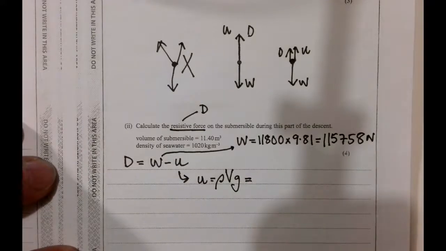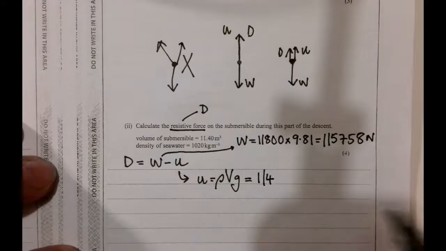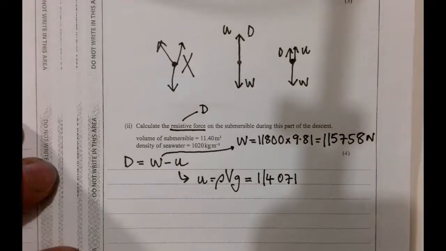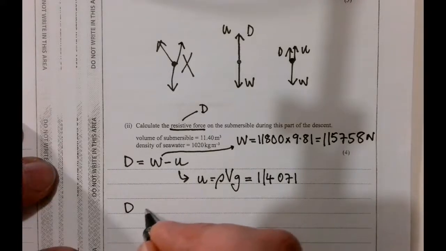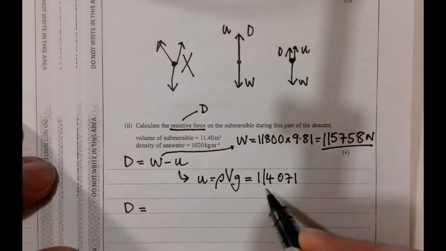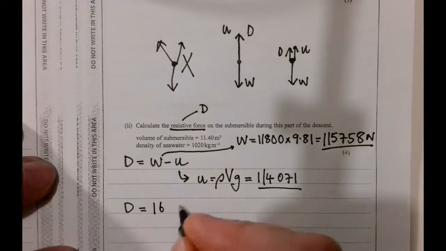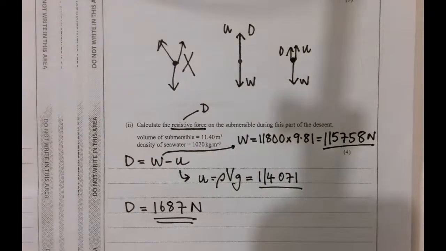When you substitute the numbers from the question in, I get 114071. So we need to find the difference between the two numbers now. The drag equals this number minus this number, and that is 1687 newtons. That's that part of the question.